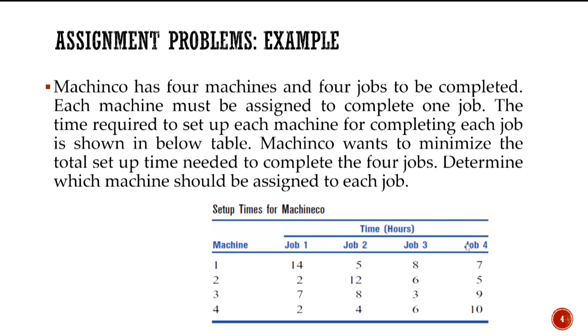For example, for machine 1 and job 1, the setup time is 14 hours. For machine 1 and job 2, the setup time is 5 hours. Machine Co wants to minimize the total setup time needed to complete the 4 jobs. Determine which machine should be assigned to each job when we minimize the total setup time.